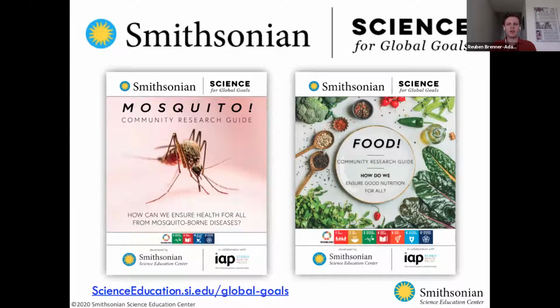The 2 modules of the curriculum that we have released so far are Mosquito: How Can We Ensure Health for All from Mosquito-Borne Diseases, and Food: How Do We Ensure Good Nutrition for All. You'll notice that these on their covers both say community research guide, and there's a really specific reason for that.